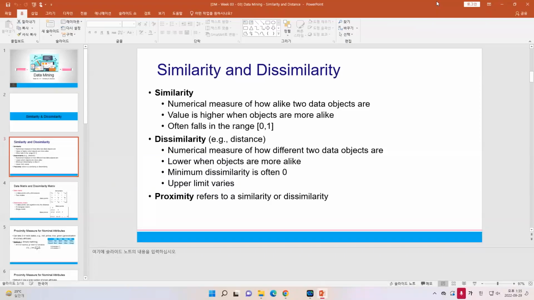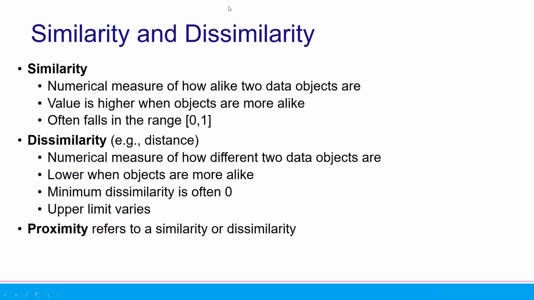Okay, you already learned about similarity and dissimilarity. We know that the similarity often falls between 0 and 1, and the value is higher when the objects are more alike. So when the objects are similar, the value will be 1.